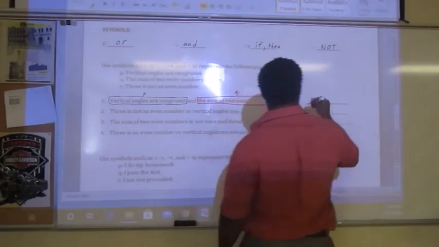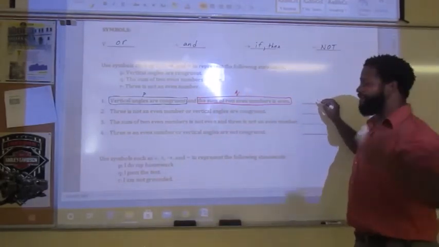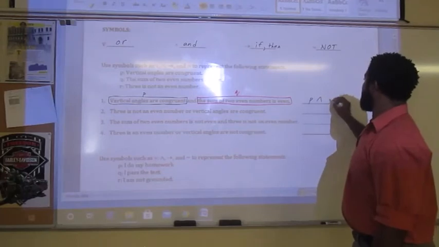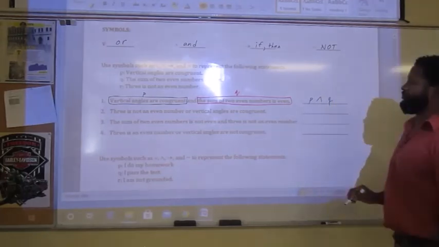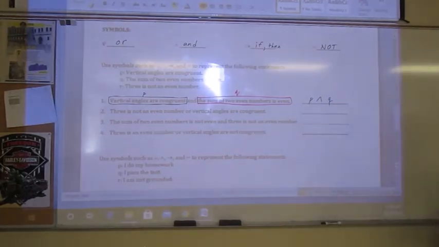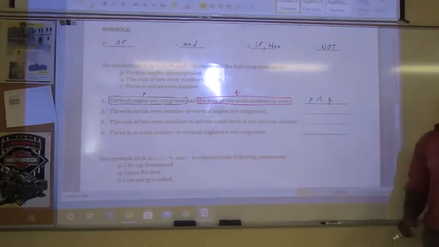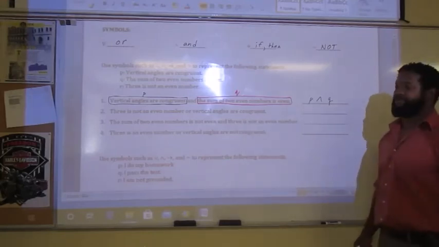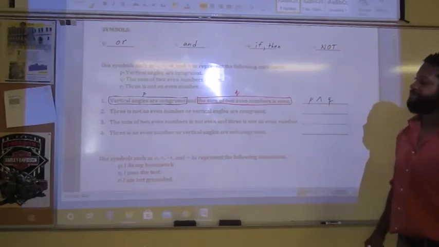So, it's P, upside-down V, and Q. P and Q.